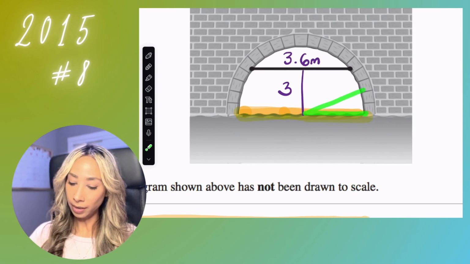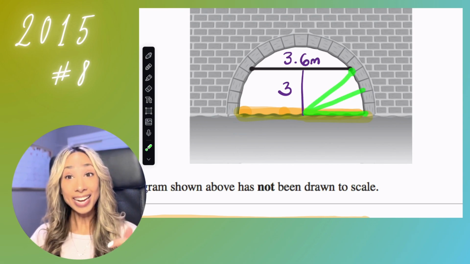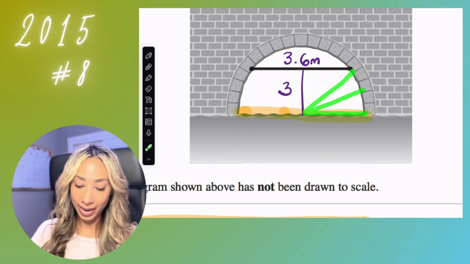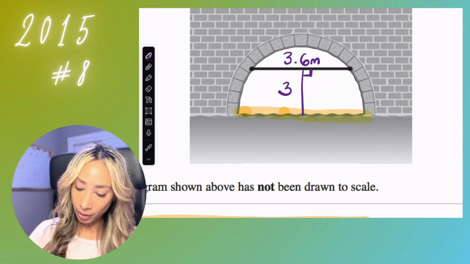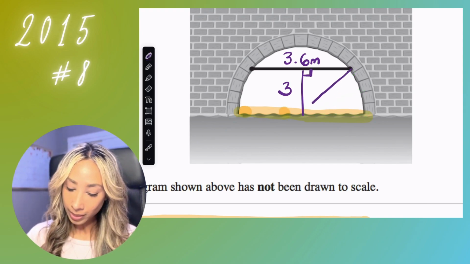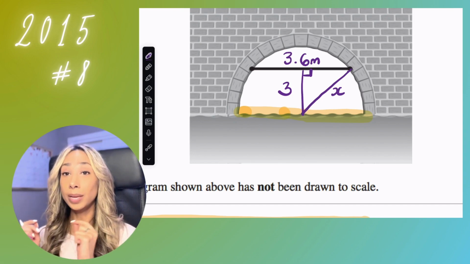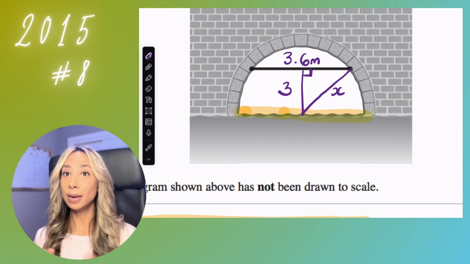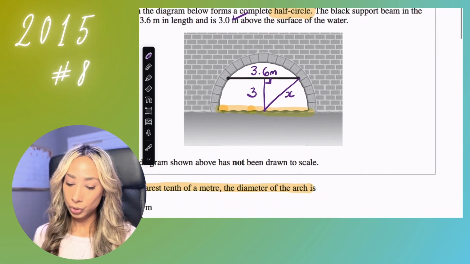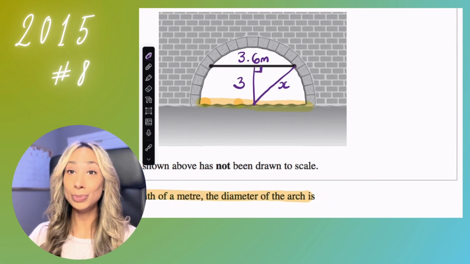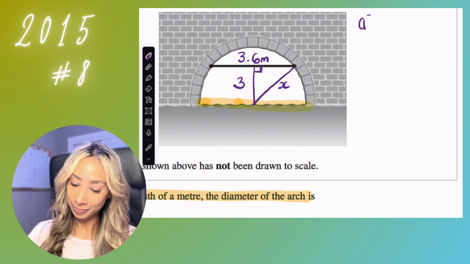We can move it here, here. Really that would work, because that is going to get us our right angle triangle. So I'm going to go ahead and draw that in. Now in this case, we don't actually know the radius. That's what we're trying to figure out, because if we get the radius, if we get x and we double it, then we get our diameter. So that means we can use our same Pythagorean theorem.